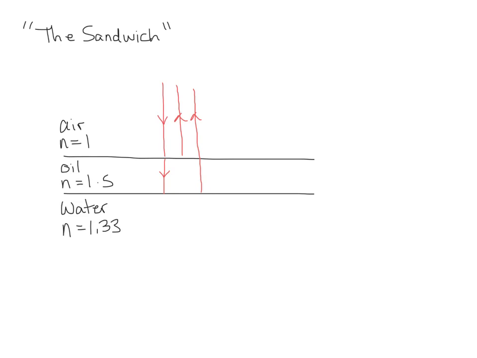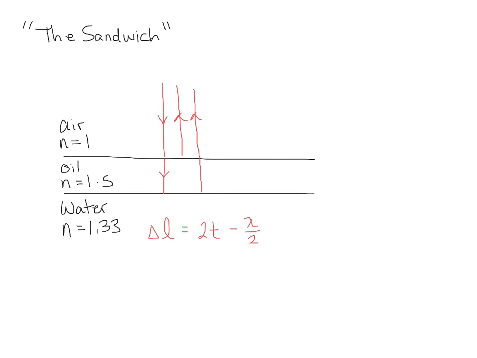So this is going to behave a little differently. This time I will see that my ray that reflects off the air-oil interface is going to be a fixed boundary, so it's going to be inverted. But the ray that reflects off the oil-water interface is a free boundary, so it will not be inverted. So this time when I do my path length difference, delta L, that is actually going to be 2t minus half a wavelength, because when that wave gets inverted, it's like it's traveled half of a wavelength.